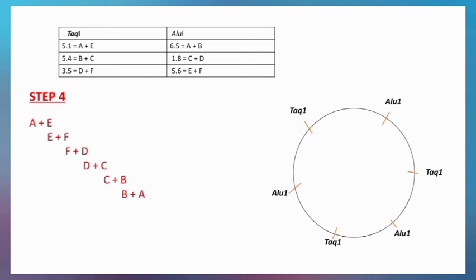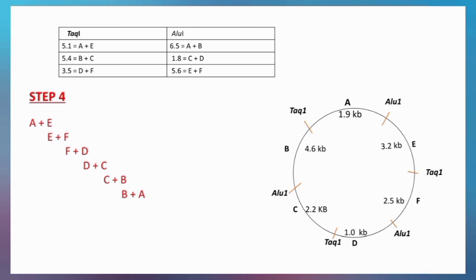And after dividing it, we are going to place the enzymes here, according to the way the fragments are assembled. As we see, A is the one that we are starting with. And then after A, E follows, followed by F, followed by D, followed by C, and lastly followed by B.